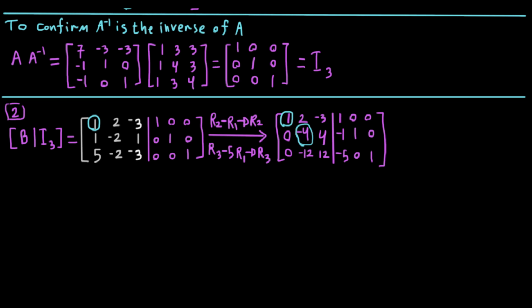So now let's write it here. I will divide this row by negative 4, so 1 over 4, negative 4, I will divide in row 2, here, and here I will divide it by 12.